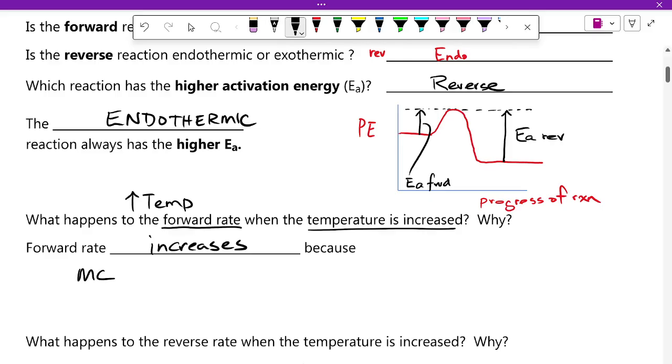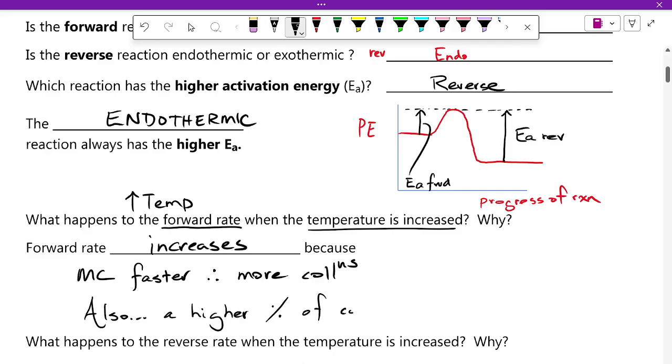The molecules move faster, therefore there's more collisions, yes. Is there anything else to that answer? Yes. What else is there? A higher percent of collisions have sufficient energy.